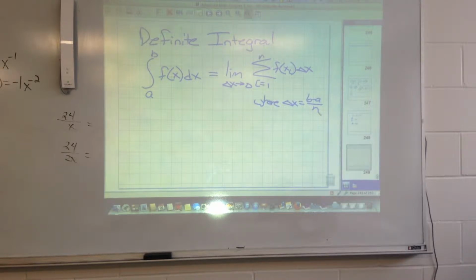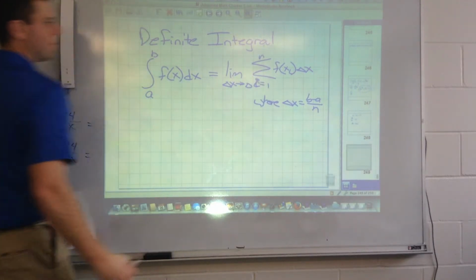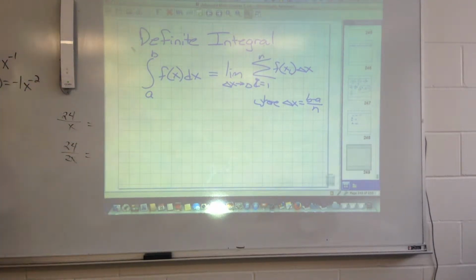Yeah? What's that on the bottom? What equals 1 there? Is that i? Yep, sorry, i. As i equals 1 to n. This is the notation straight out of the textbook. It's basically saying if you were to sum all of those rectangles together as the change in x got smaller and smaller, you would be finding the definite integral.